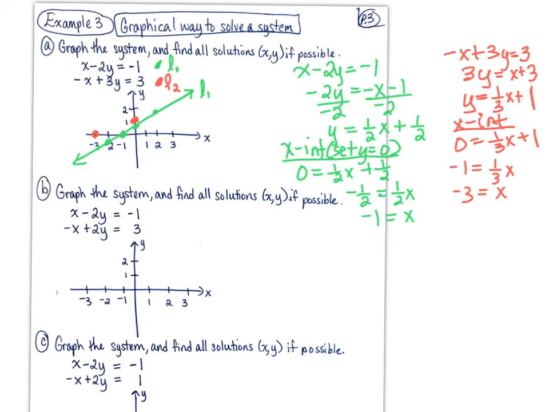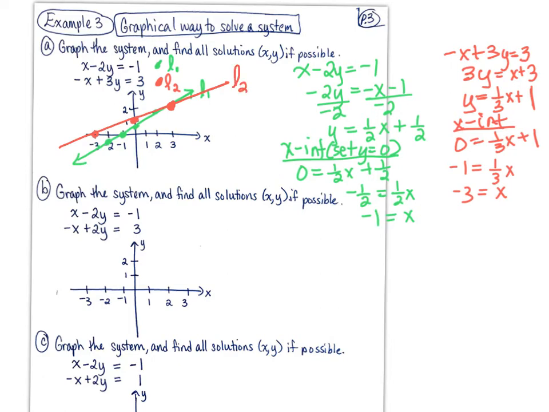Up 1 and then over how many? 1, 2, 3. So that would be right here, right? So we rise 1 and run 3. We have that here. And then that's L2.